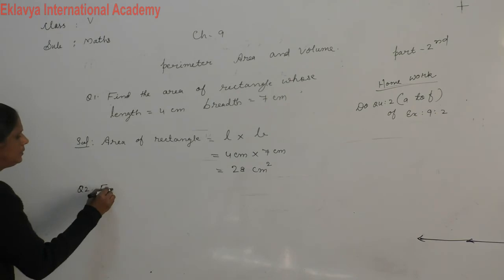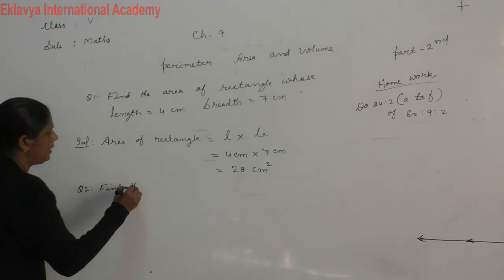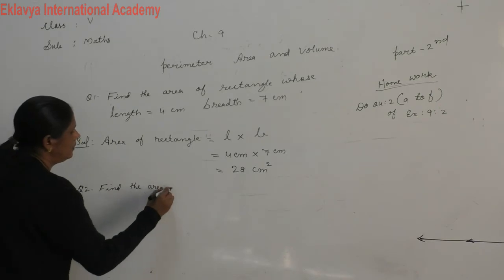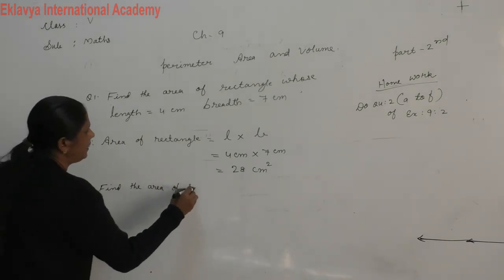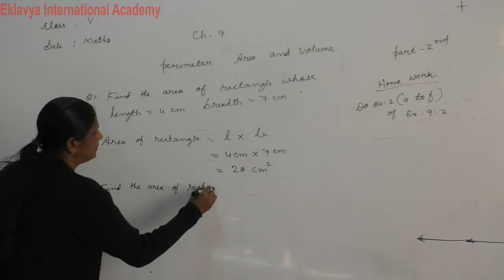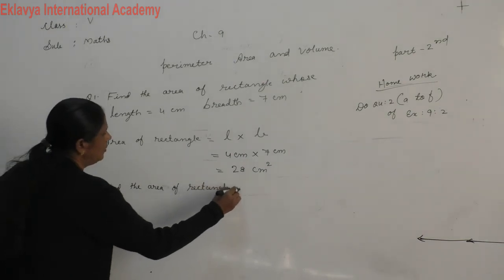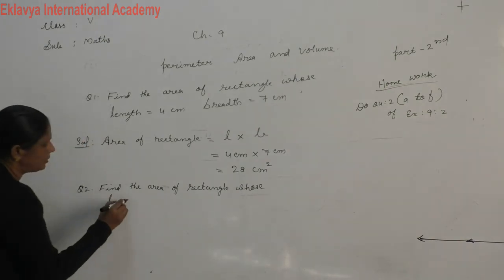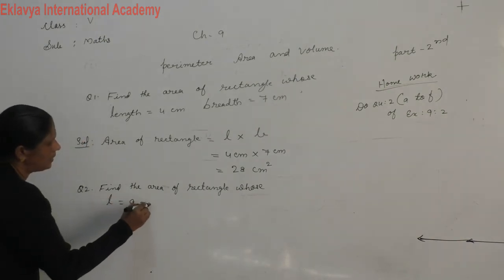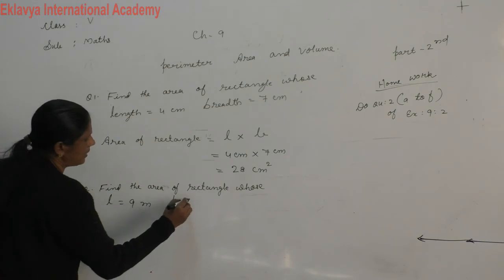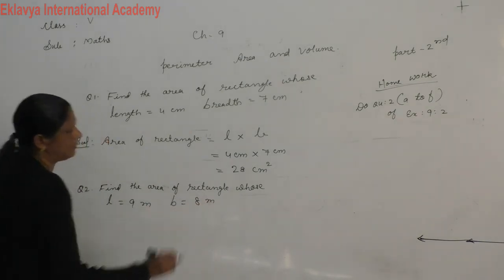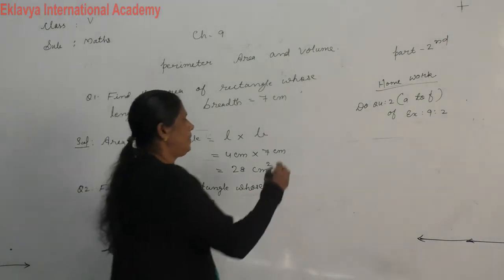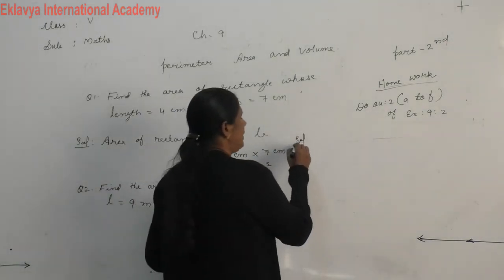Find the area of rectangle whose length is equal to 9 meter, breadth is equal to 8 meter. Find the area. What is the formula? Solution.